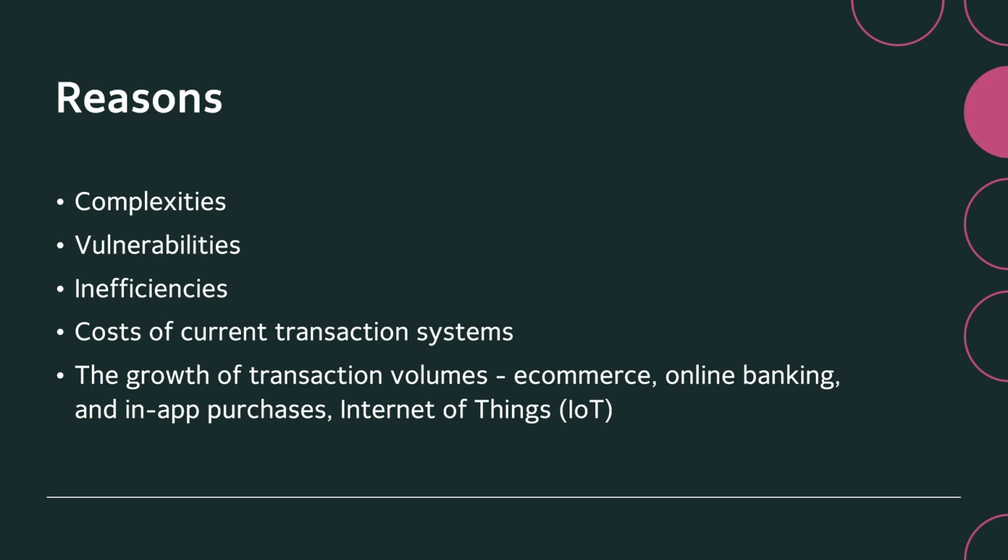Also, with the growth of e-commerce websites, online banking, in-app purchases, IoT, when we entered into this whole data growth world, the transaction volumes became huge, and there are so many places from which financial transactions are occurring, like from your mobiles, from in-app purchases, etc. So there was definitely a need for a very robust, secure, efficient system to store those financial transactions.